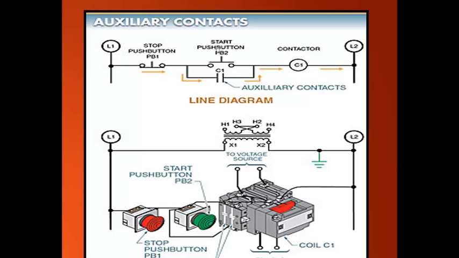Now if I let go of the start push button, we have an alternate path. Essentially this contactor is keeping itself running. Now if I push the stop button, it breaks the path of current flow and de-energizes the contactor. When this de-energizes, this contact opens up and it shuts off.